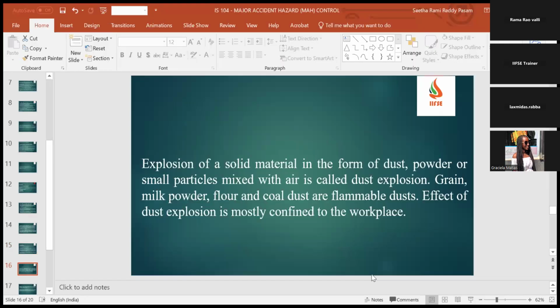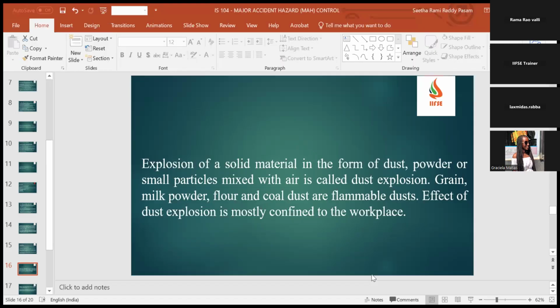When we say explosion of a solid material in the form of dust, powder, or small particles mixed with air, it is called a dust explosion. These kinds of dust explosions happen with grain, milk powder, flour, coal dust, or other flammable dust. The effects of a dust explosion are mostly confined to the workplace.